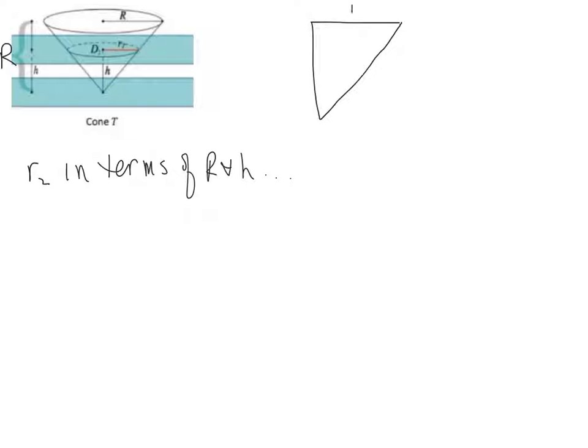So again, I need to find little r2 in terms of big R and H. Let's see if I can copy this down decently. That looks about equal. So I've got the radius of the base, and remember, the heights are the same.